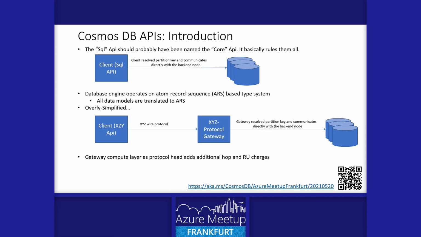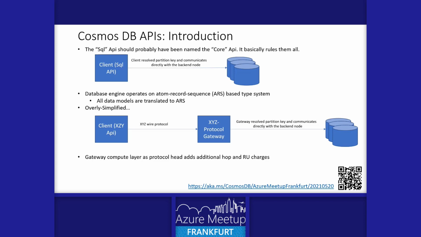This is also part of the reason why, as I reference in the next slide, we have a feature compatibility list, especially interesting for folks using OSS APIs like Mongo or Cassandra. We support a good chunk of the wire protocol of Mongo or Cassandra, but there is no hosted Mongo or Cassandra, so the behavior is not identical.